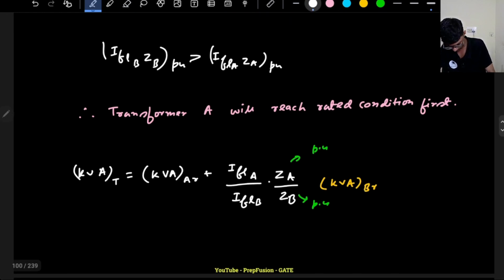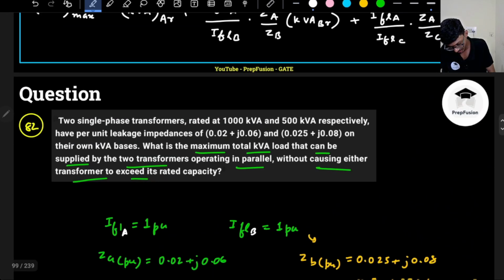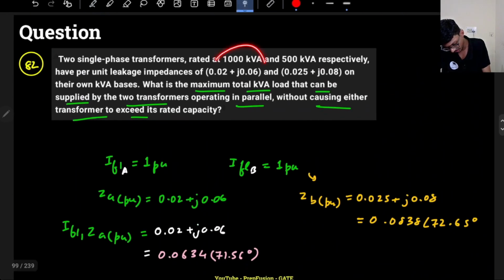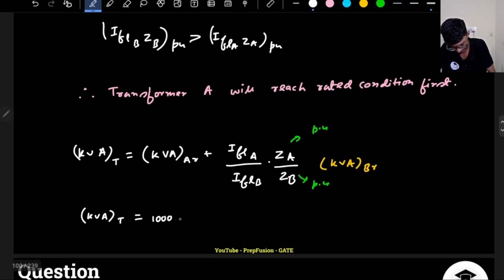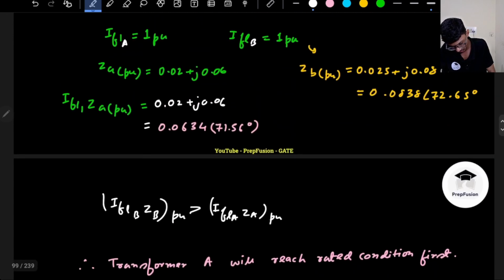Okay, so this value, so my kVA total, kVA is how much? This is the transformer A, right? 1000 kVA. So this will be 1000 kVA plus this per unit drop. So what is the ratio of the per unit drop?